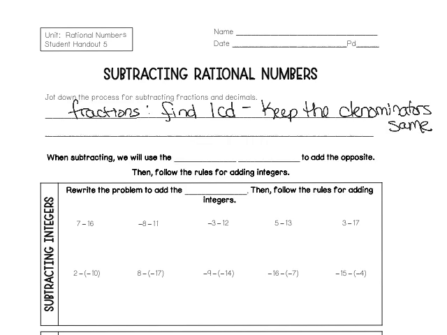For decimals, you want to line them up and insert placeholders if needed. So placeholders, we're talking about those zeros.